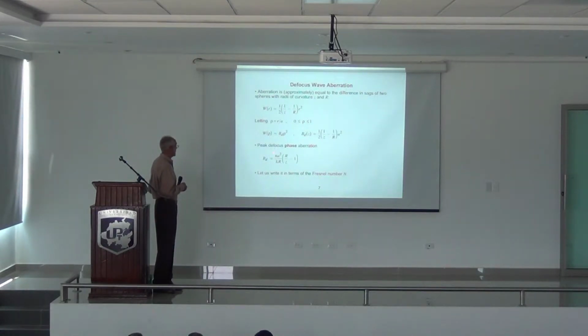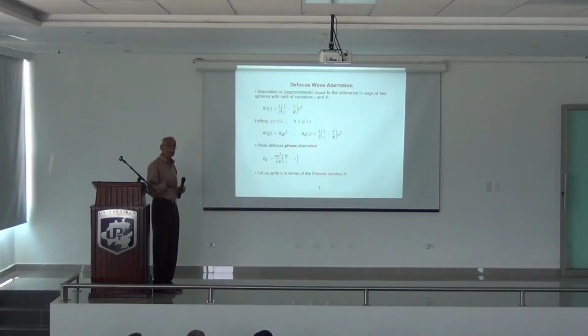And so I can write the peak defocus phase aberration, multiplying by 2 pi over lambda, in this form. And we will now talk that a squared over lambda r is the Fresnel number N. What is a Fresnel number?